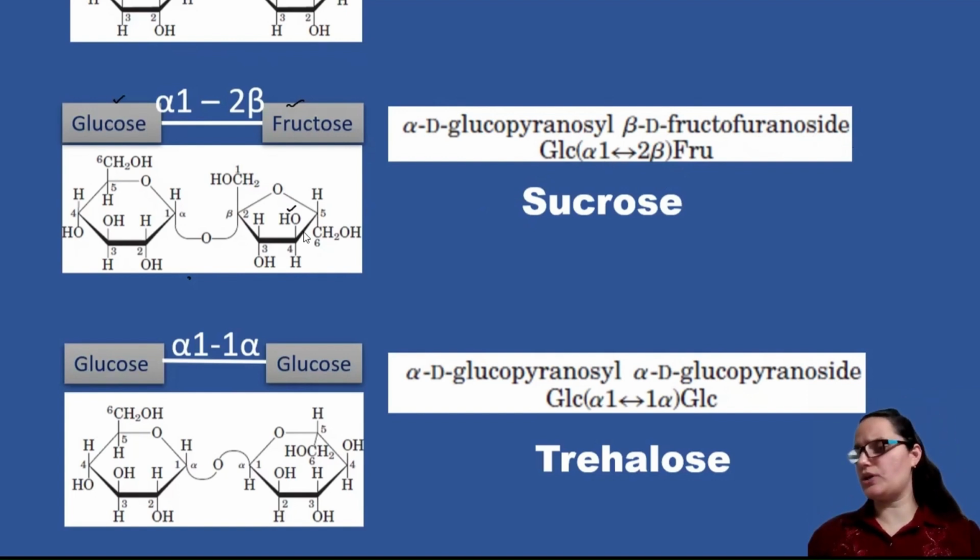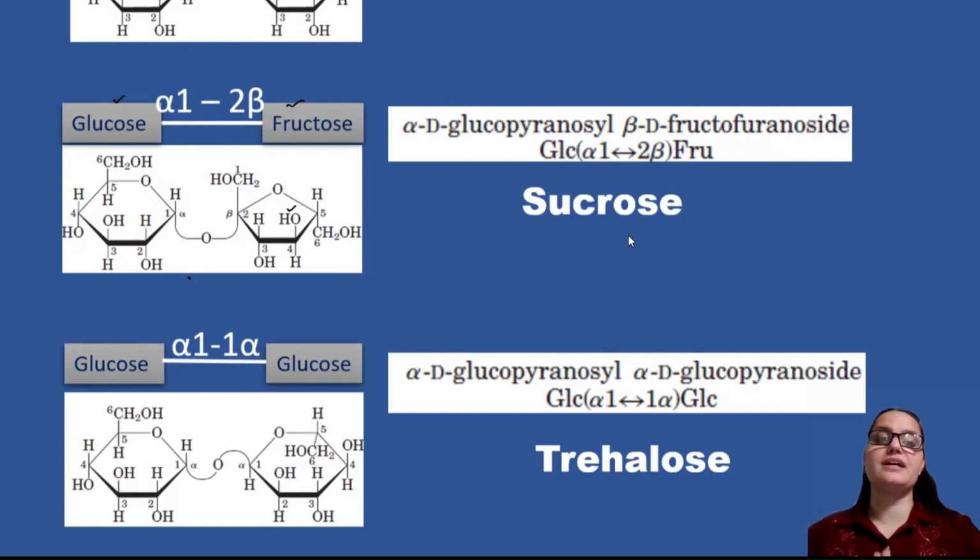So for all the disaccharides, if we need to write their names, then we need to add the ending "ide" to denote that it has non-reducing ends only, right? No reducing ends. So this is about the disaccharides.